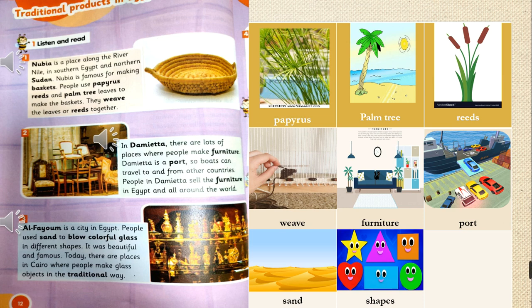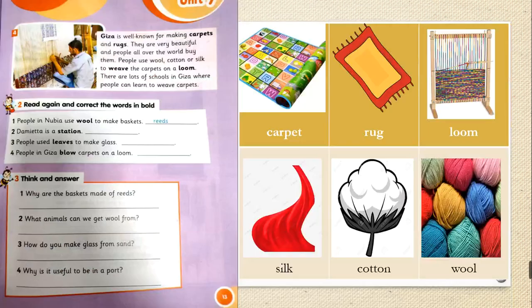Okay, we have in here 3 cities in Egypt. Each city is famous for making some products. Move to page number 13. Like we have in here some new words.